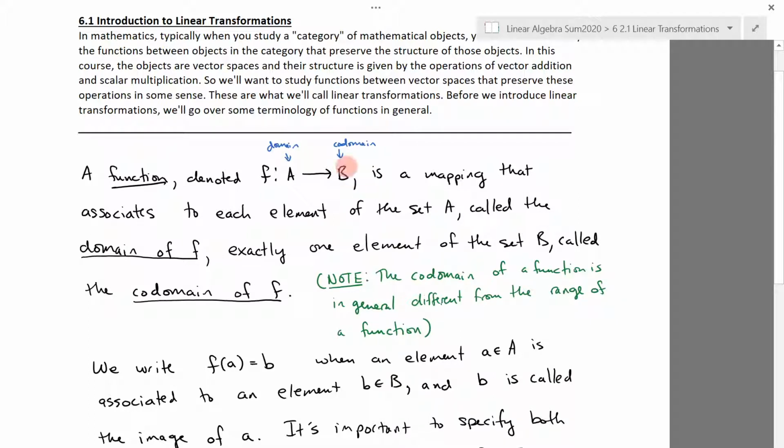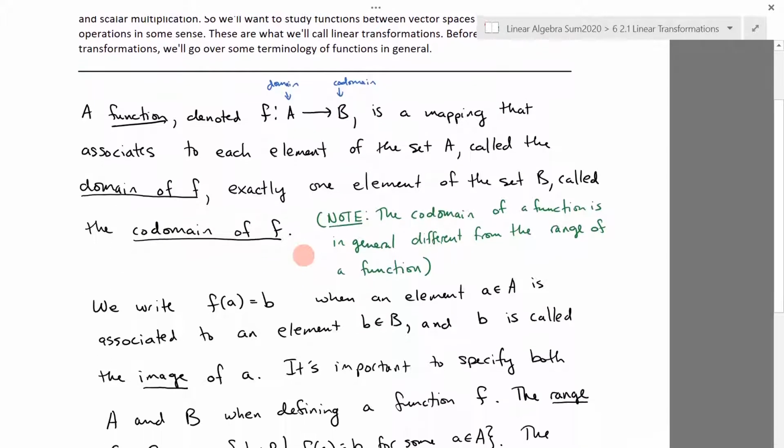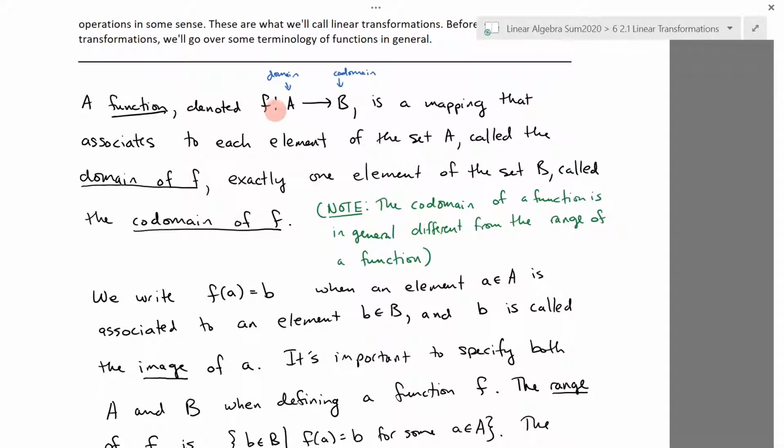So one thing to be careful about here is that the codomain of a function is in general different from the range of a function. So you don't want to confuse those two definitions. Okay, so typically when we specify a function, we also specify how the function is calculated, right?